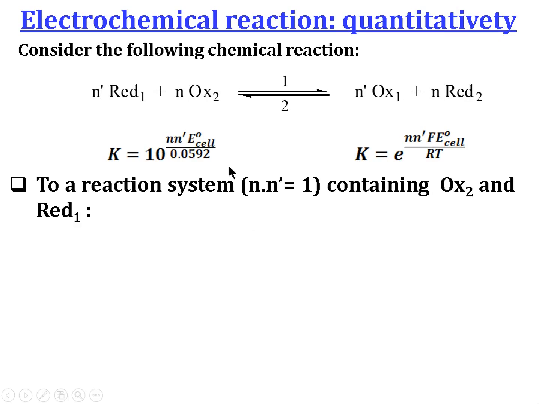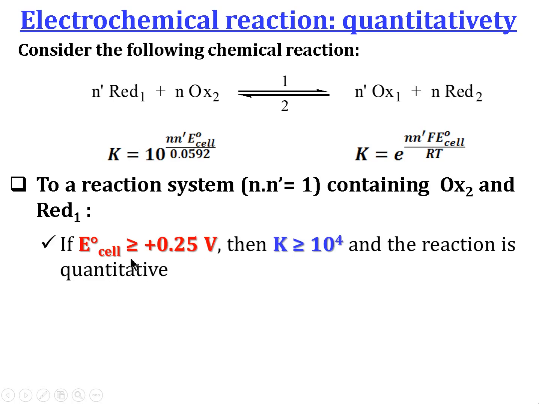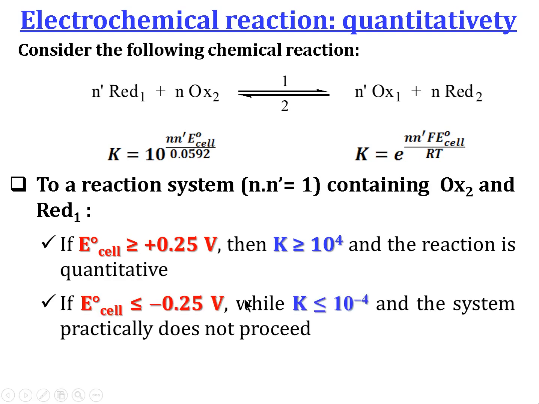For a reaction system between Ox2 and Red1 where n prime is equal to 1, if E0 of the cell or E0 of the reaction is greater or equal to 0.25 volt, that means K is greater or equal to 10 to the power 4, and the reaction in this case is quantitative.